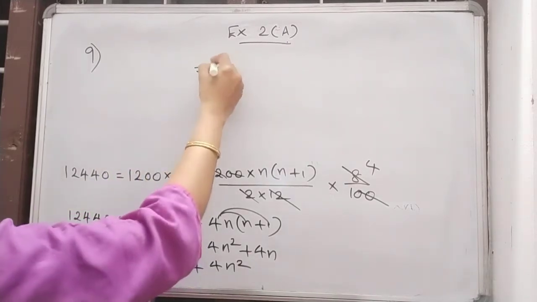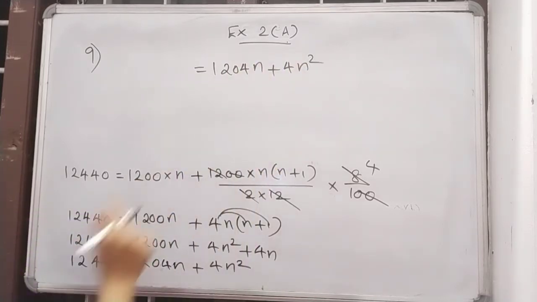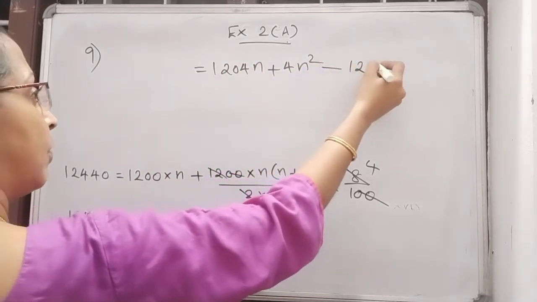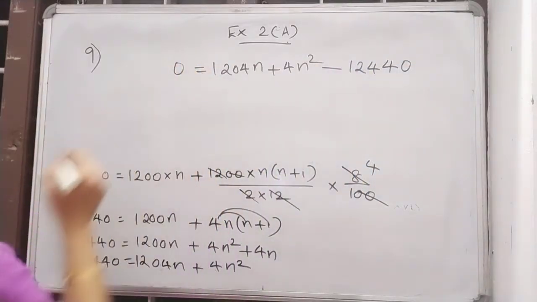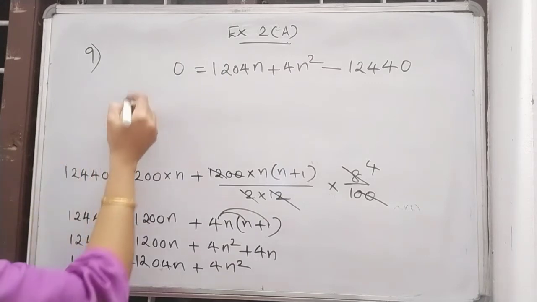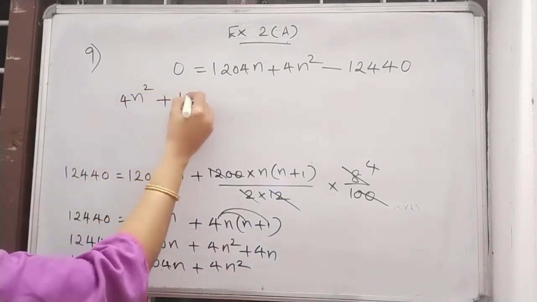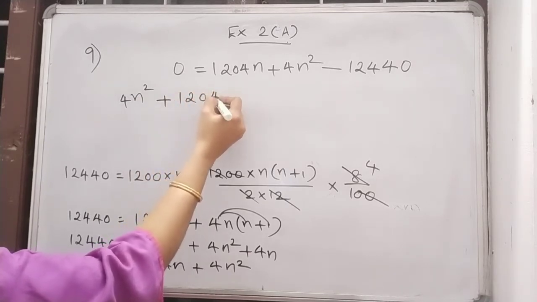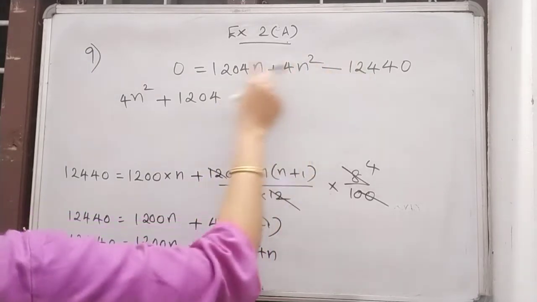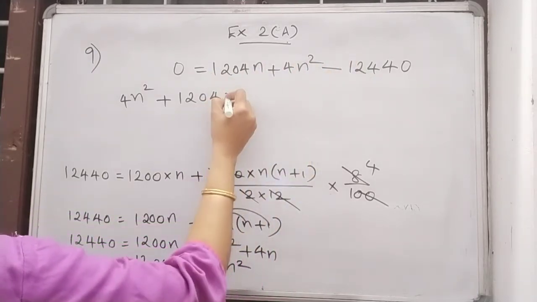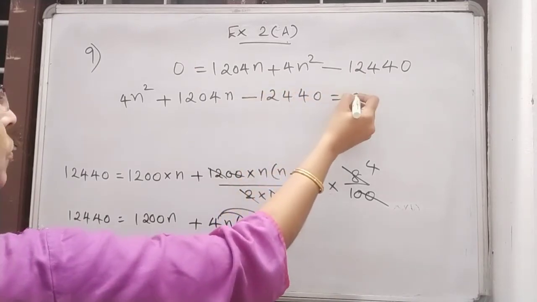If we take 12,440 to the left side, it will be negative 12,440, so the right side will be 0. So 4n square plus 1204n minus 12,440 is equal to 0.